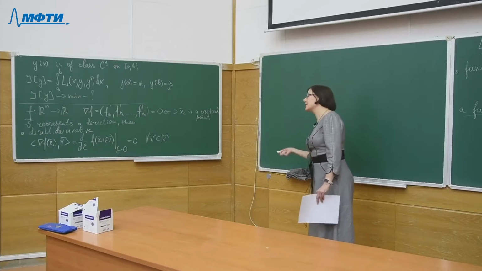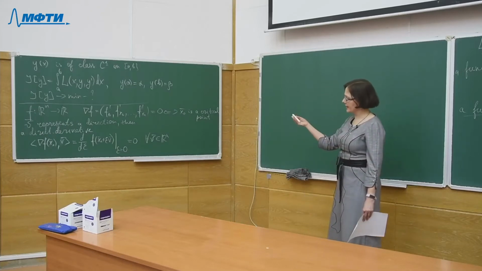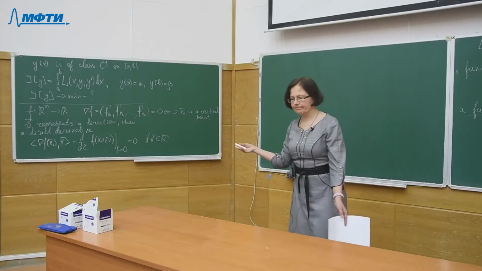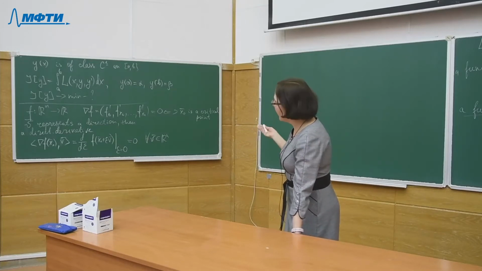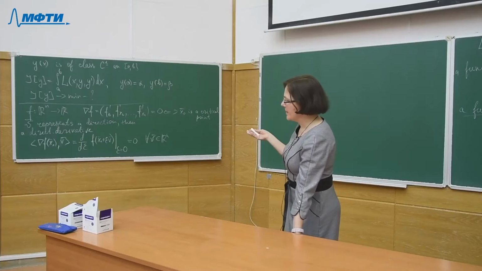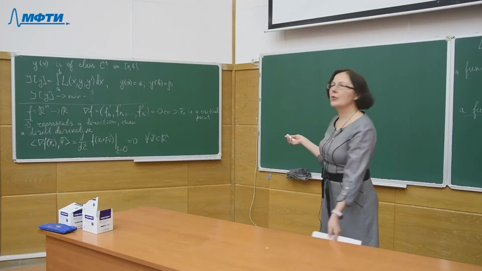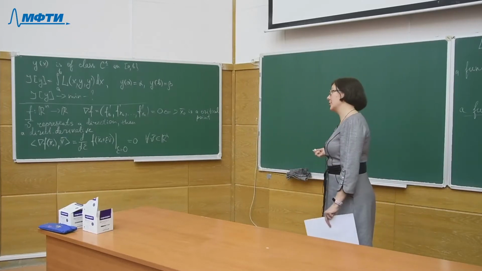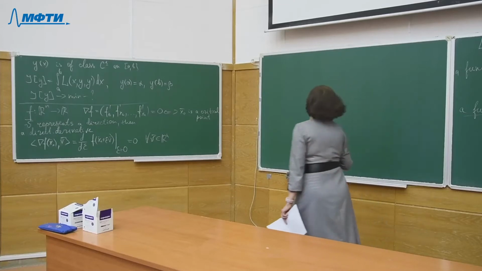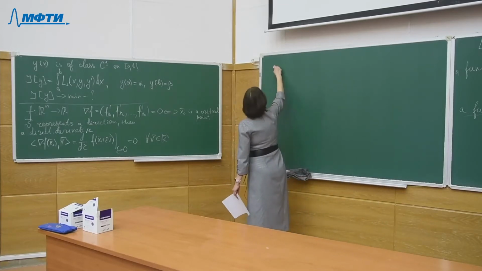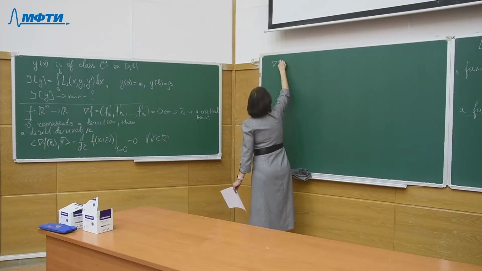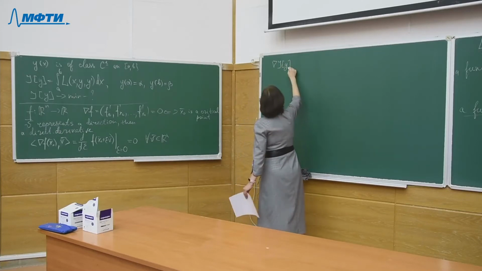Using the same reasoning, let's apply similar arguments to construct the directional derivative for a functional. Well, what about the inner product? If we try to find nabla J of y, what does it mean?